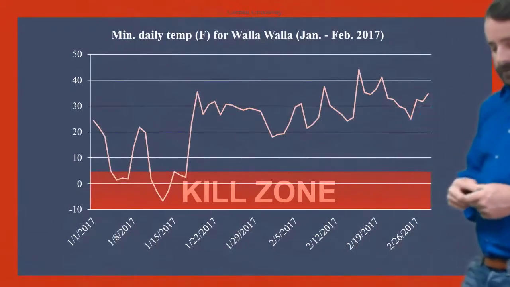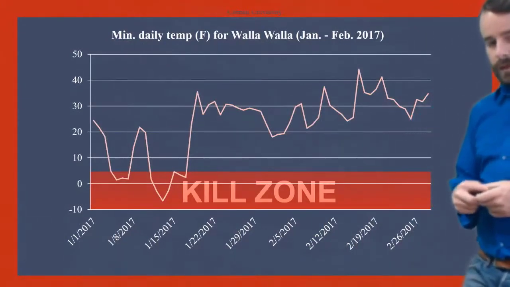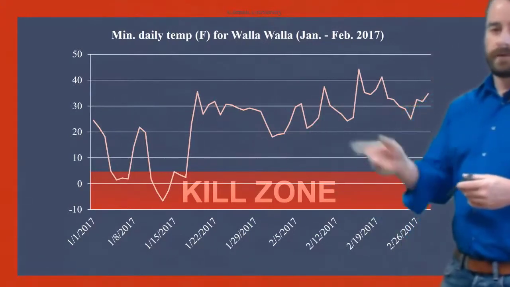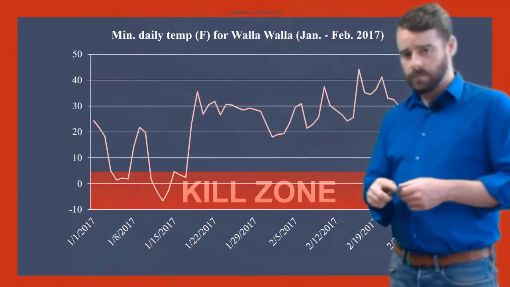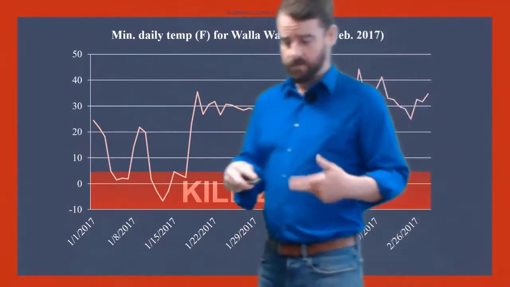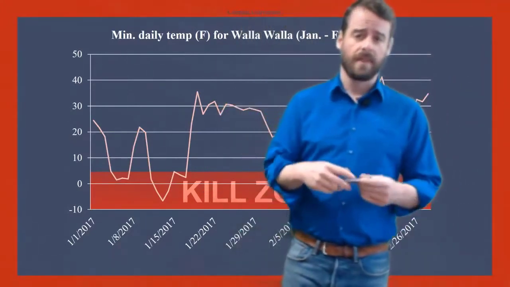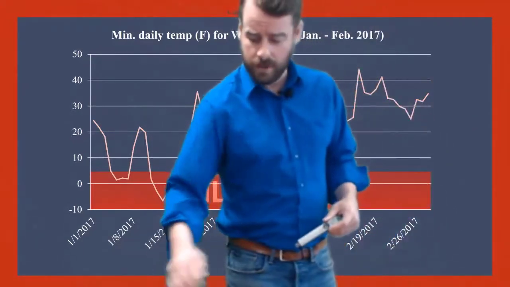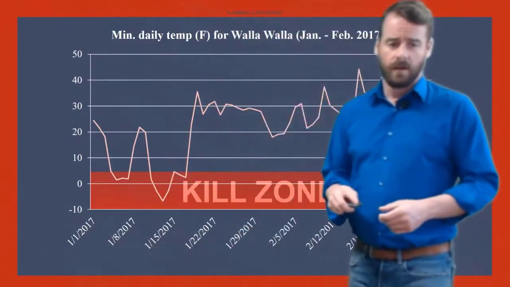So this was a freeze event in Walla Walla, Washington. So universities, I'm about to show you the Cornell University chart. But universities go out and take cold hardiness data for growers, and then they supply them to growers and let them know, hey, we think you probably have some kill in your vineyards.